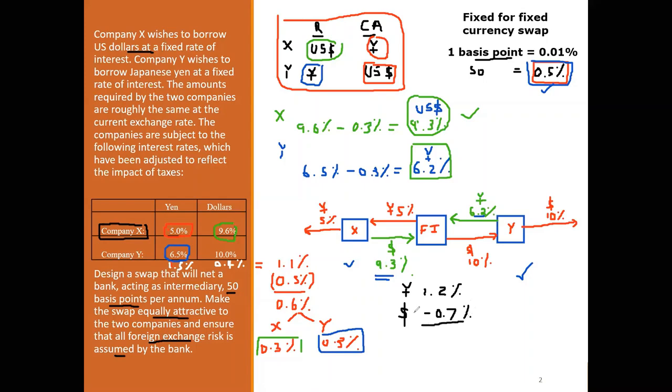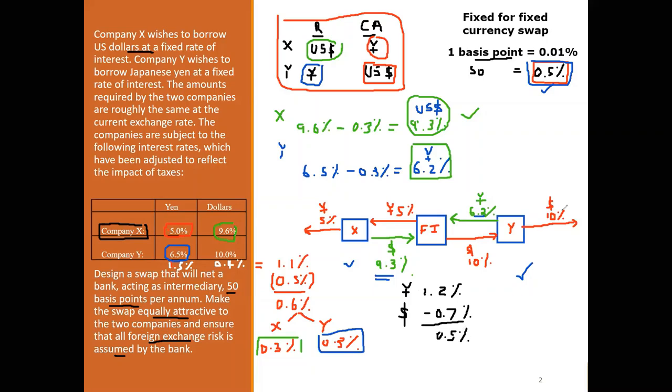So if you ignore the currency values, as a percentage, what has been the net return to the financial intermediary now? It is getting 1.2% in yen, and it is getting 0.7%. Oh, it is actually paying. There's a loss of 0.7% on the dollar amount. So the net impact is in fact a return of 0.5%.